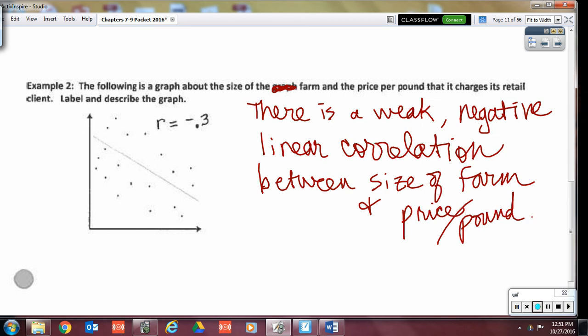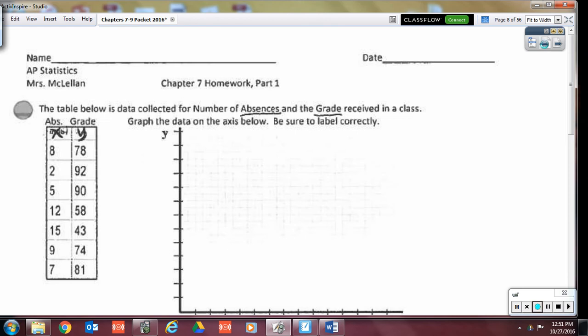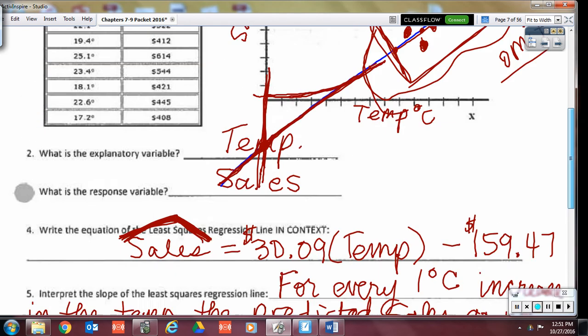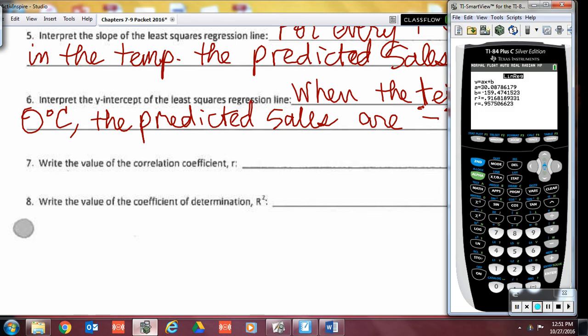All right, so that is correlation coefficient. Let's go to page 1 and I want you to write the correlation coefficient for the temperature and amount of ice cream sales. So think back to our original problem, temperature and ice cream sales. So go down here, look on your calculator to find the R value.